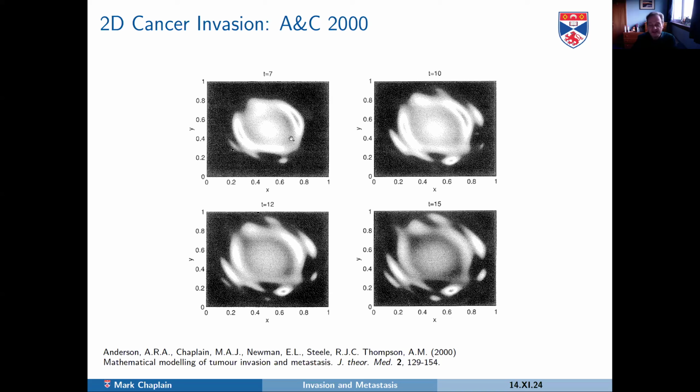And when you simulate this in 2 dimensions, we were getting, again, qualitatively an invasive pattern that looked like those patterns we saw where we have heterogeneous spread into the tissue. So it wasn't just that the initial conditions here were a perfectly symmetrical distribution of cancer cells in the middle.